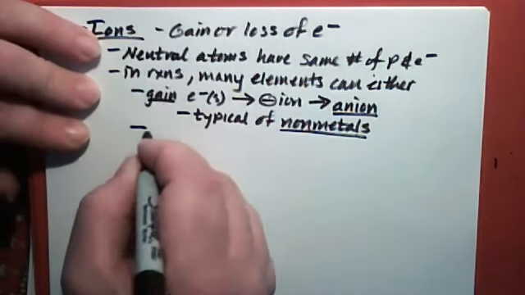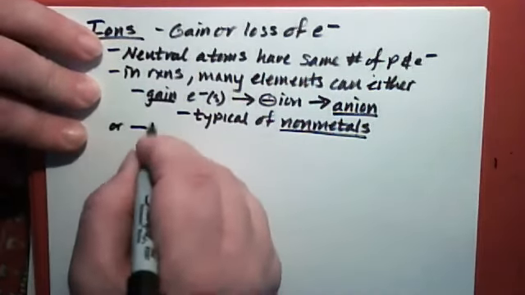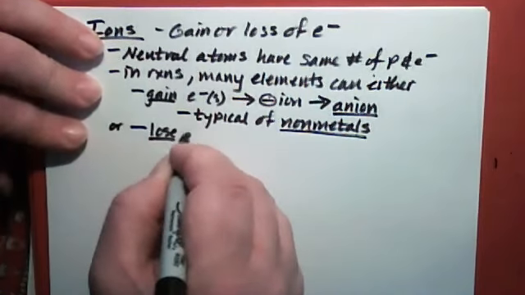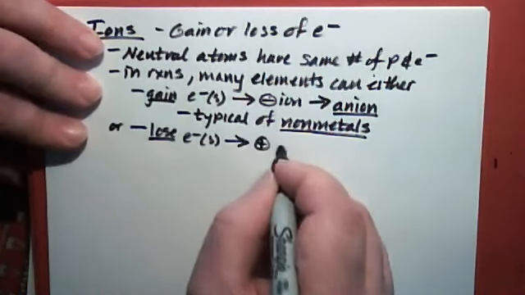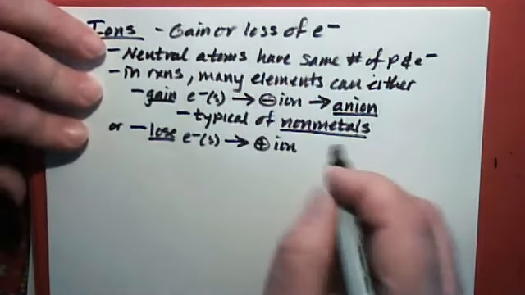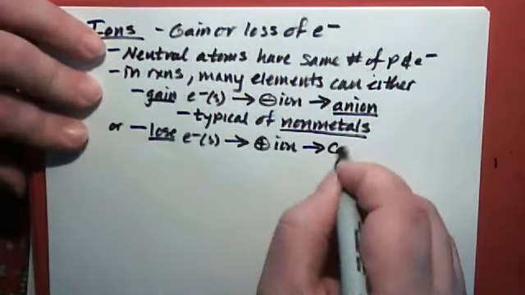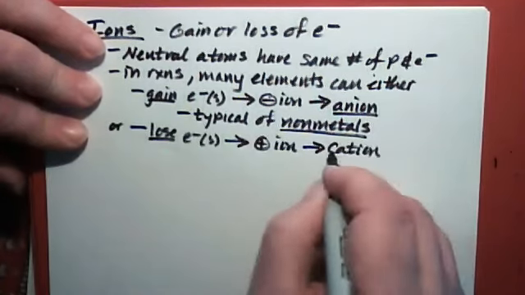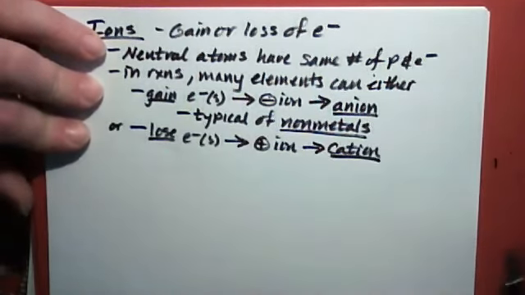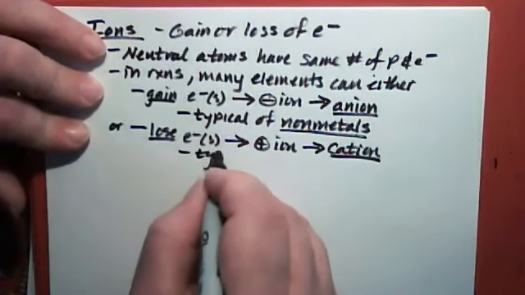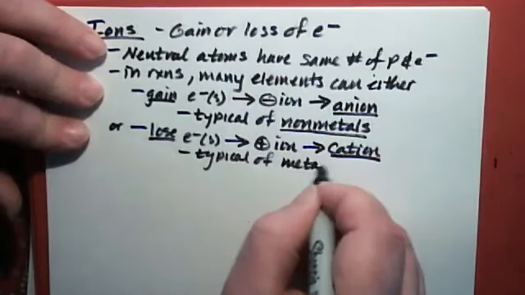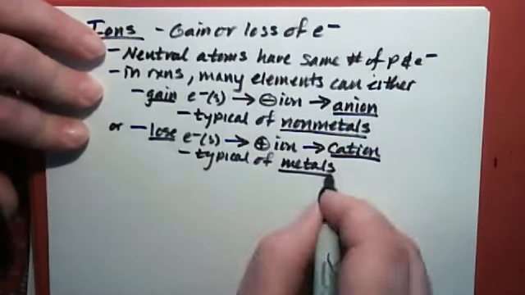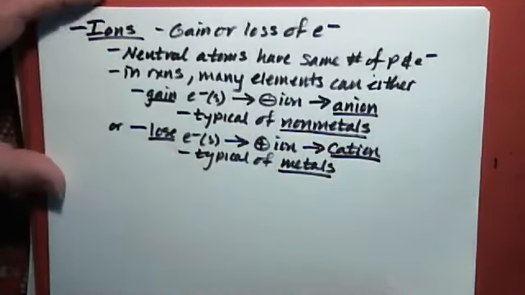The other thing they can do is lose one or more electrons, in which case it becomes a positive ion, which is known as a cation. And this kind of behavior is typical of metals.